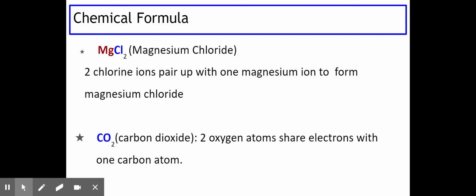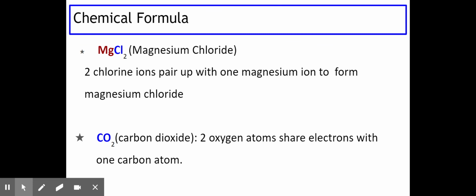Again, we are not going to require you to be able to write this formula, but you need to understand that the tiny number 2 means two chlorine pair up with one magnesium. When there's no number, it means 1. The same goes for a covalent compound. For example, in carbon dioxide, the di means two oxygen atoms share electrons with one carbon atom.